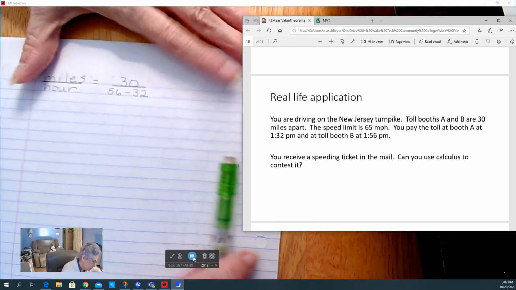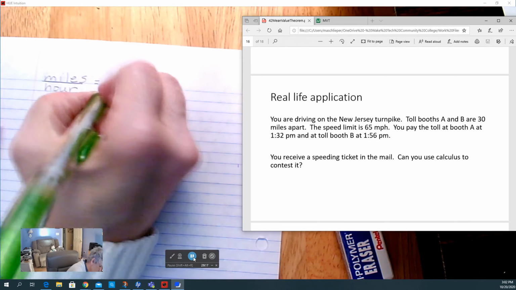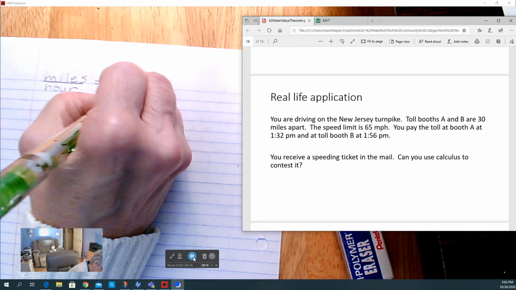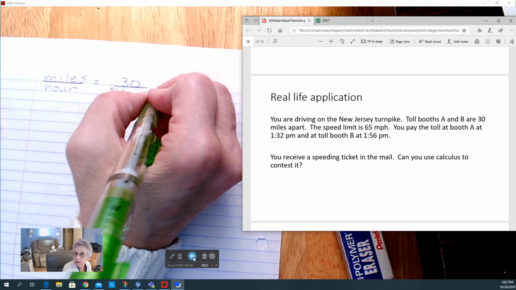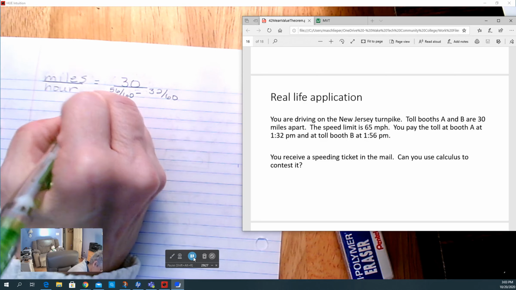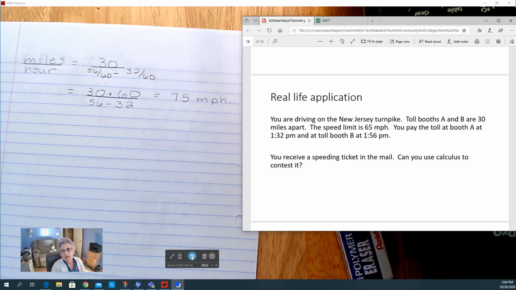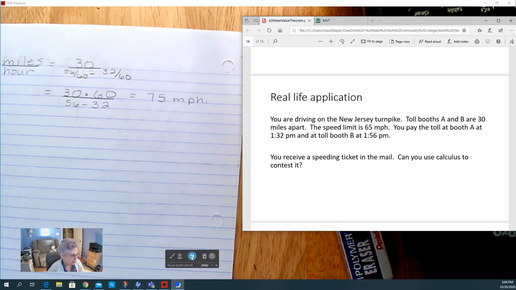Darn. So what I need to do is change that to hours. 56 over 60 minus 32 over 60. I'll take a minute and plug that in my calculator. Meet you back. So I multiplied numerator and denominator by 60 to get rid of that fraction over a fraction, and then all I had to do was take 30 times 60 and divide it by 56 minus 32, and I got 75 miles per hour. That was your average speed.